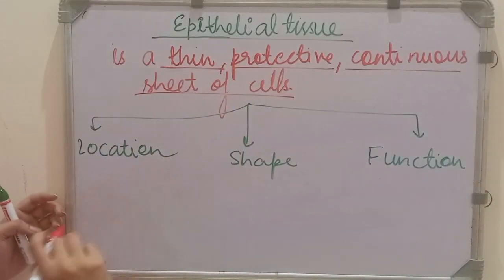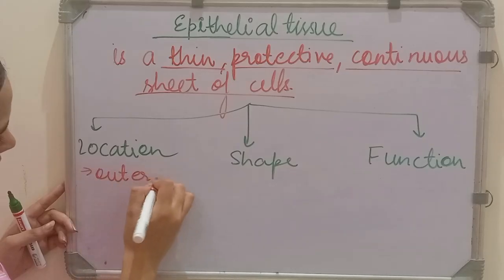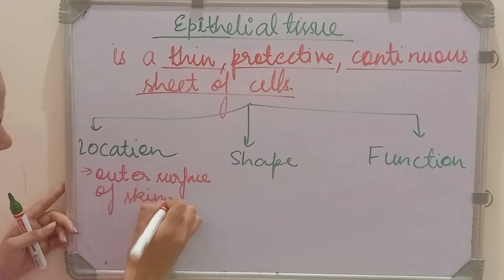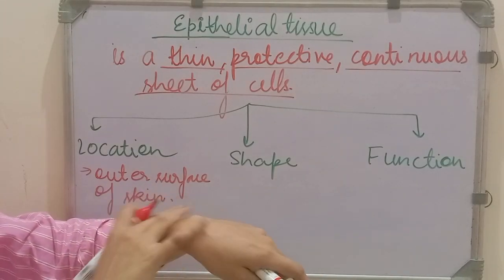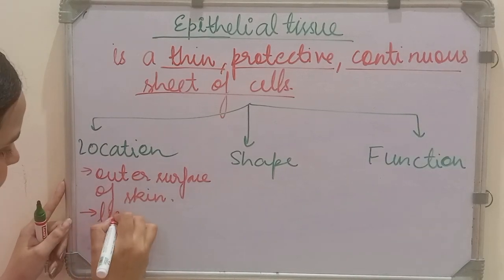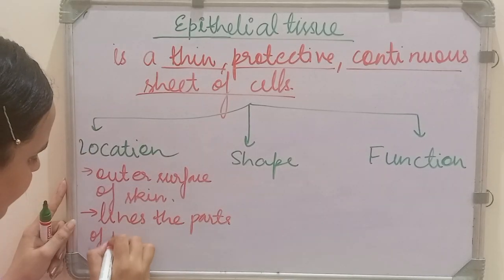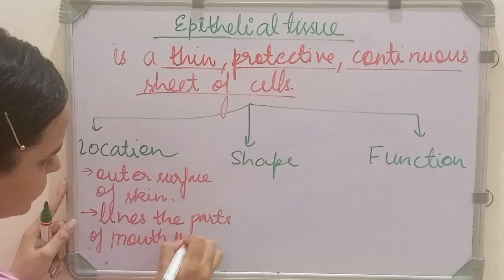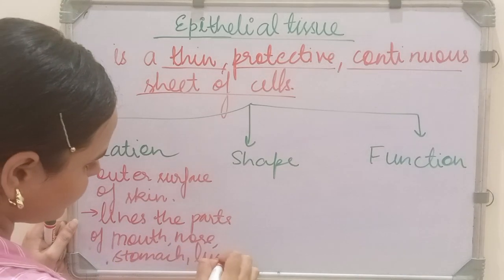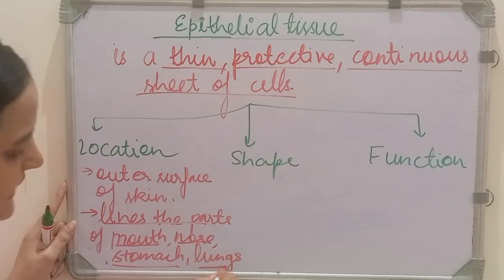Okay, so I told you that epithelial tissue is found on the outer surface of the skin. Suppose this is our skin, so the first layer that is found is the epithelial tissue. Now it also lines the parts of mouth, nose, stomach, lungs, etc. So it lines the covering of mouth, nose, stomach and lungs.